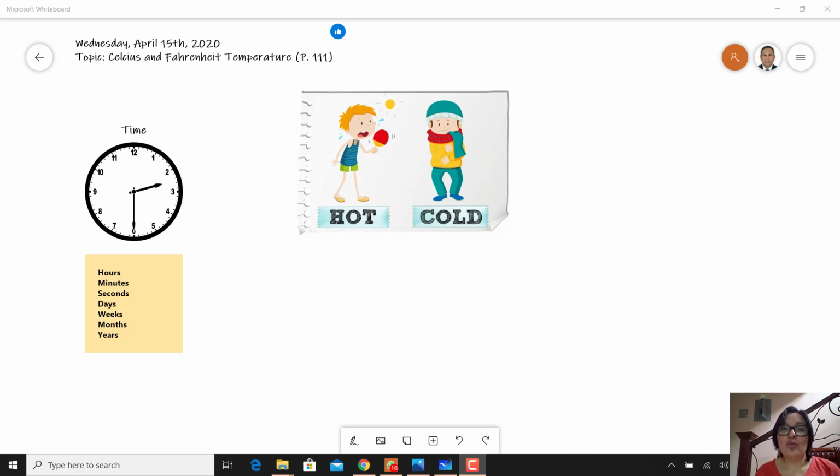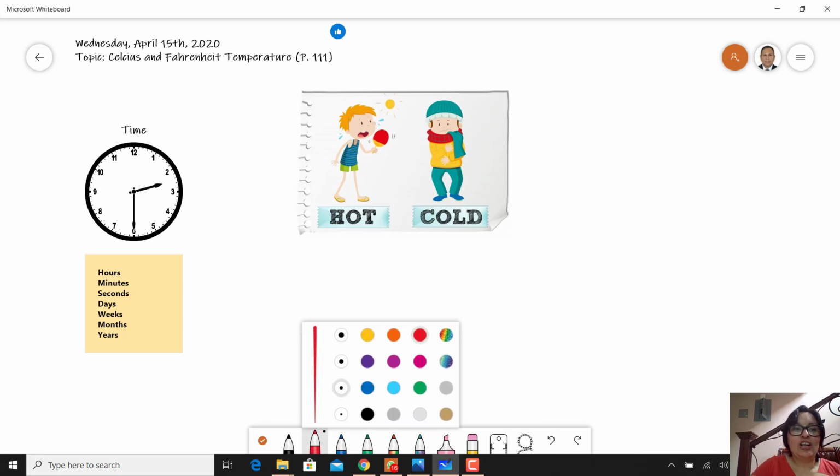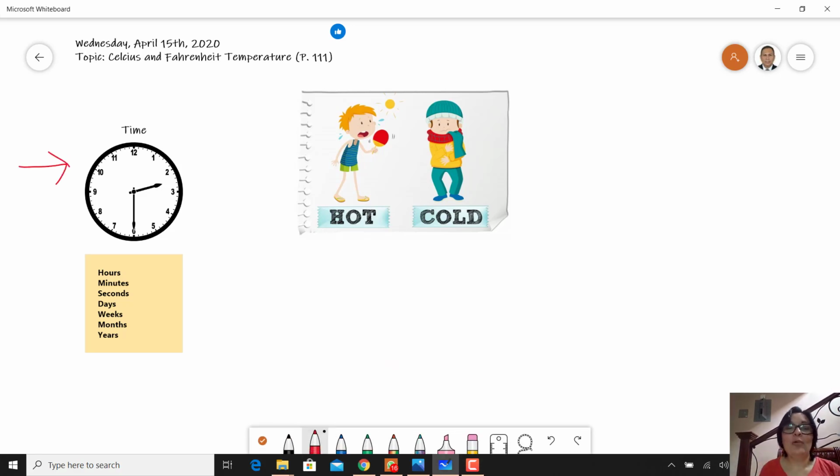So when we want to measure time, what instrument do we use? We use a clock, right? And we can measure time by hours, minutes, seconds, days, weeks, months, and years.